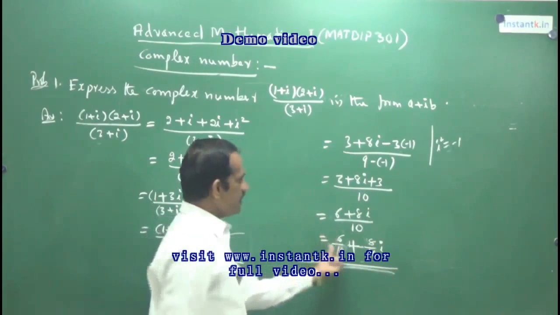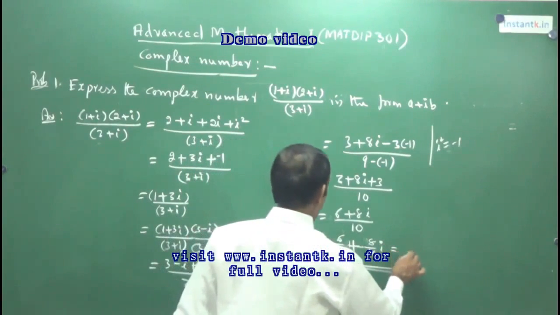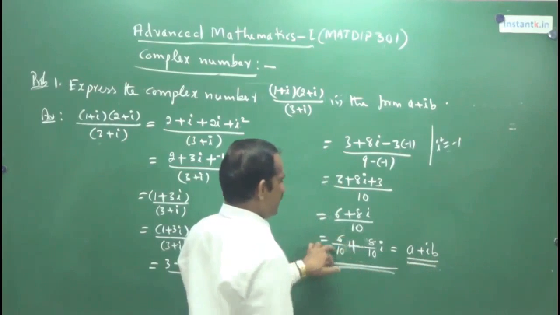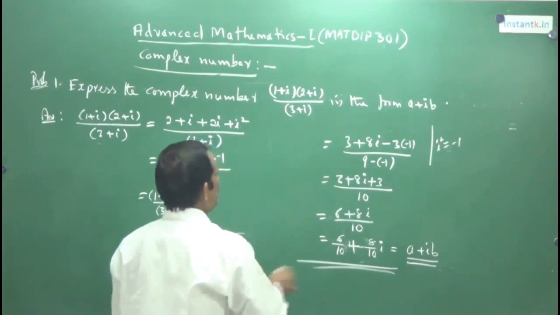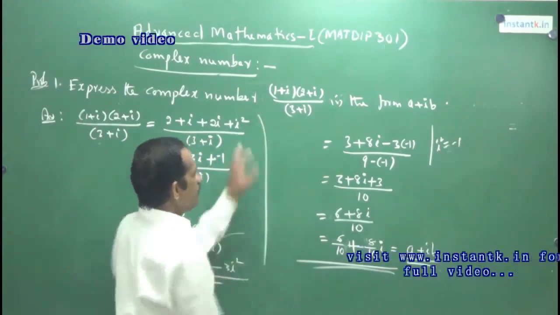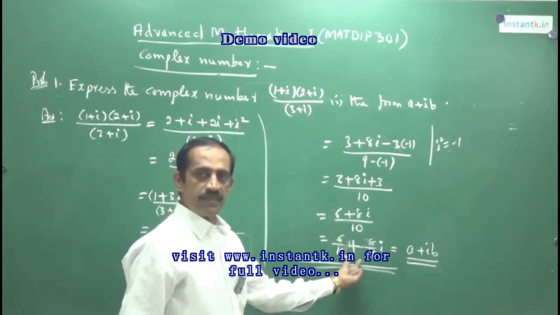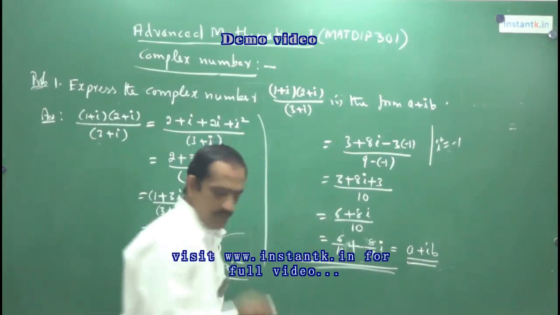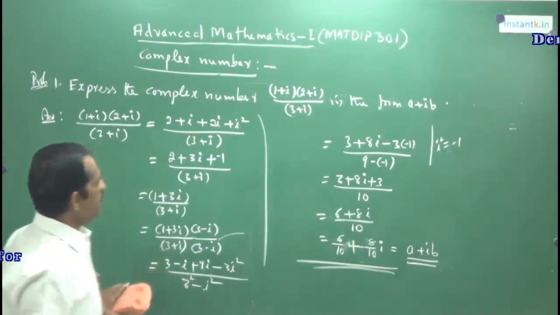So this complex number is in the form a plus ib, where a is 6 by 10 and b is 8 by 10. That is the answer for this. So write the complex number in the form a plus ib, meaning express it like x plus iy or a plus ib. Like that, one question will always be asked: write the complex number in the form a plus ib.